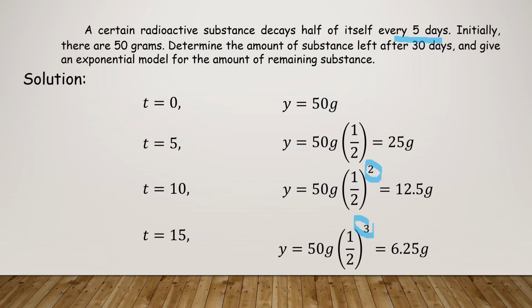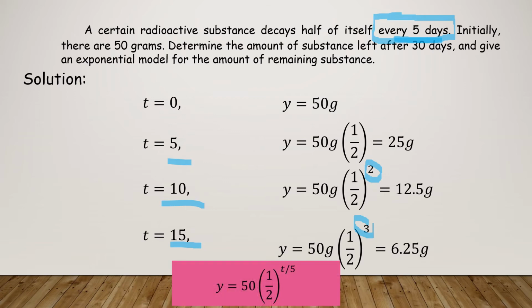Same process lang sa kanina, kung saan dinidivide natin ang 5, 10, 15, or in short, yung given time, sa kung kailan nag-half ang substance, which is every 5 days. Therefore, meron tayong y is equal to 50 times 1/2 raised to t over 5.